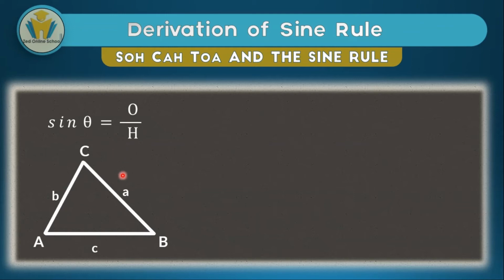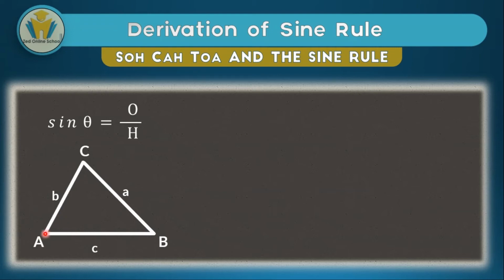We're going to do that by simply drawing an altitude, and by altitude we just simply mean the shortest distance from one of the vertices. Vertices are just like corners, meaning there's a vertex A, B, and C. We draw a line from the vertex, which is the shortest distance to the opposite side of that vertex.